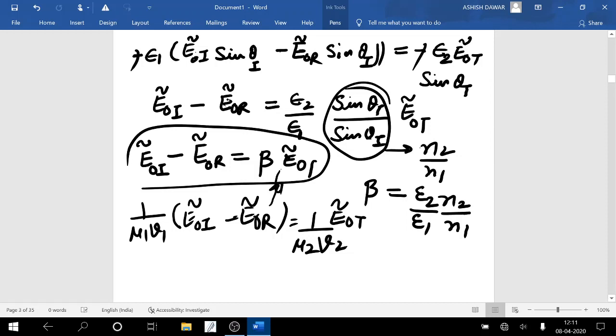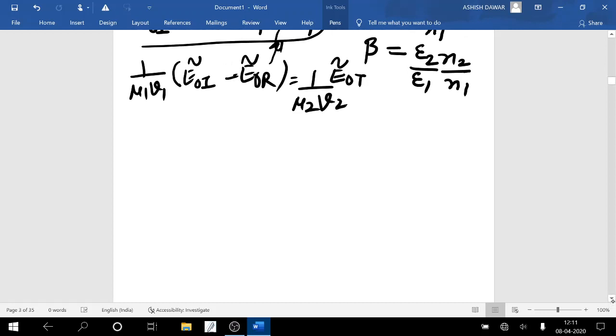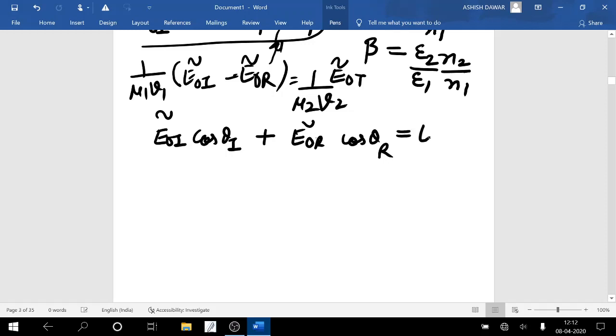Next, the boundary condition reduces to E0i cos theta I plus E0r cos theta R equals E0t cos theta t.